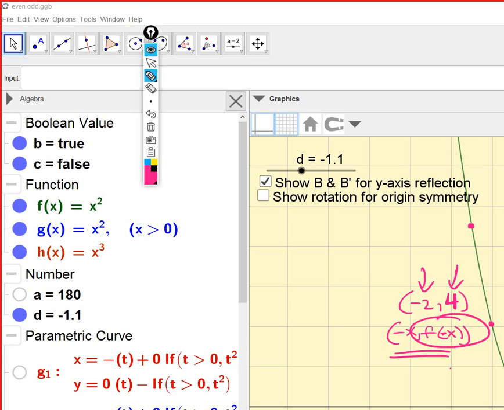They have to be the same. So f of the opposite of x has to be the same as f of x. And that's what's going on here. If I evaluate x squared at negative x, or -2, I will get the same thing I get when I evaluate f of x at x or at +2. Does that make sense? I'll get the same 4 back. So that is the algebraic tool that we're going to use to prove whether a function has y-axis symmetry. Okay?